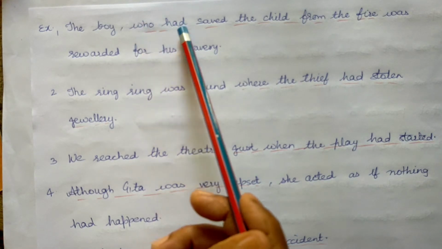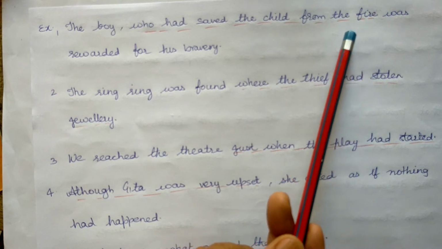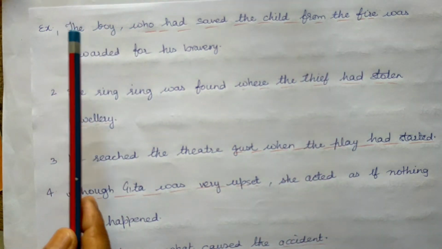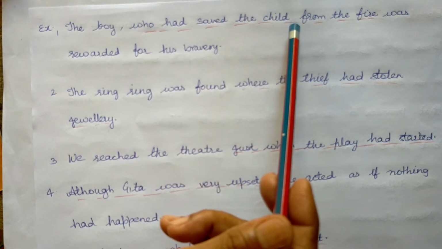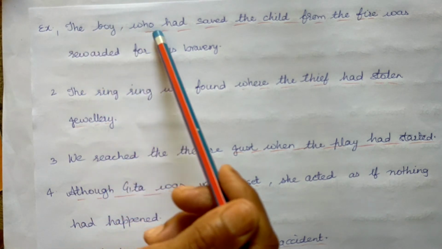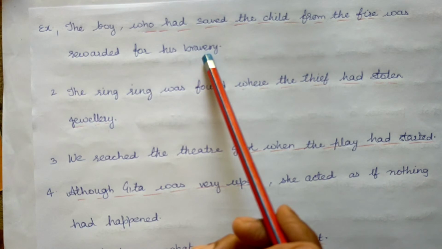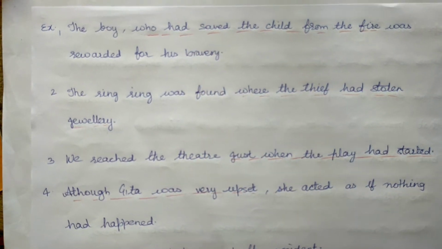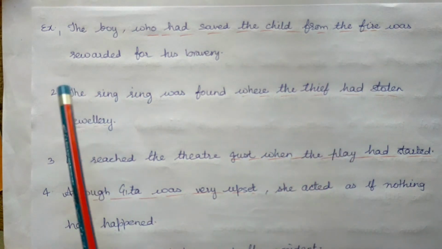And here, who had saved the child from the fire is dependent. We have read that a dependent clause gives extra information and it can't stand on its own. So here, who had saved the child from the fire is the dependent clause.